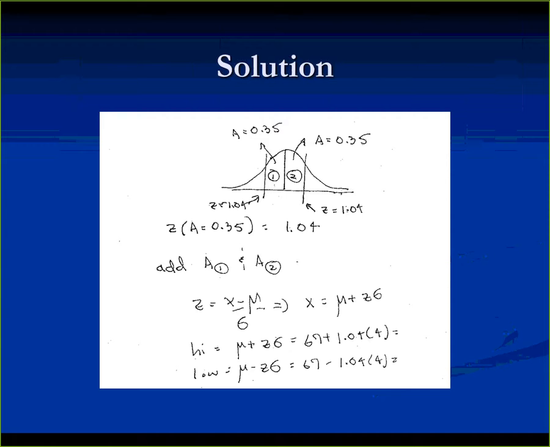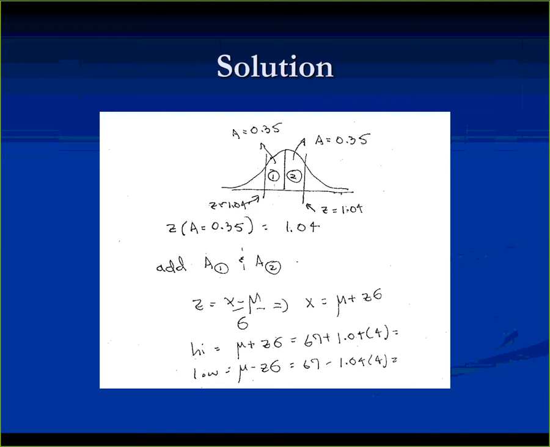Okay, so again, I think the key to these problems is being able to draw your normal distribution and really figure out where you are and what you're solving for. So in terms of the middle 70% of the data, you draw your normal distribution. I've got a line in the center that represents mu, the mean, which is 67 inches.